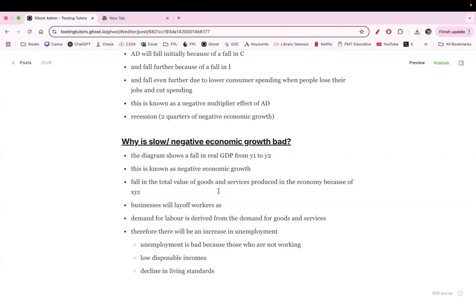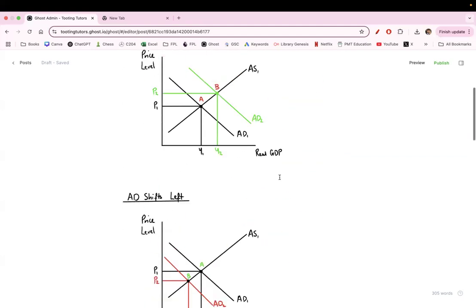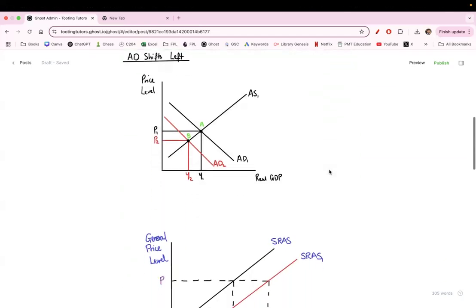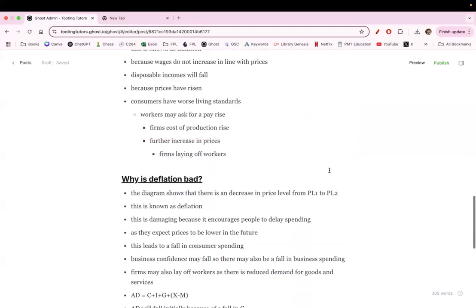So that's the ultimate reason why economic growth is good if it happens and bad if it doesn't happen, because it links on to one of the main things, actually unemployment, and unemployment is directly correlated to living standards. So you can use them whenever you draw a diagram. When you're trying to describe the impact of something in macro, you're often going to draw one of these diagrams, and then you're going to be able to say any of this stuff depending on the question.